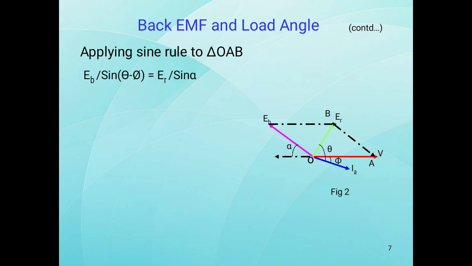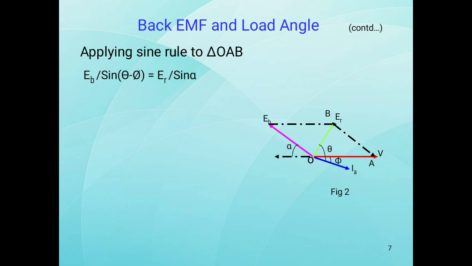Here, by the sine rule we can write EB, that means back EMF, by sin theta minus phi, is equal to ER by sin alpha.